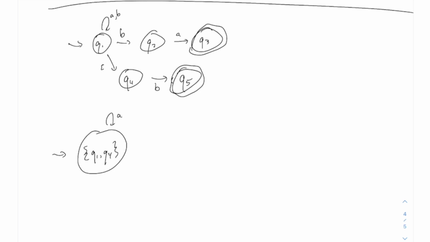I think B is all these. From Q4 to Q1. Going from here, from Q1 is Q1, and then to Q2.